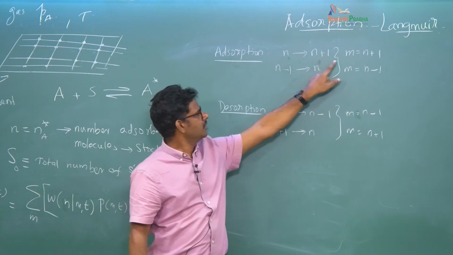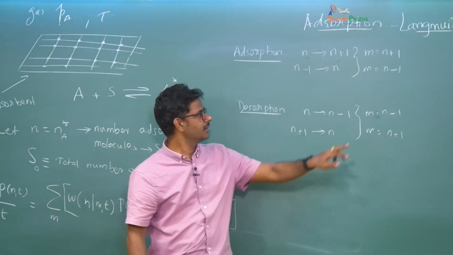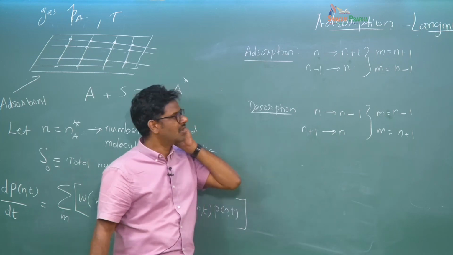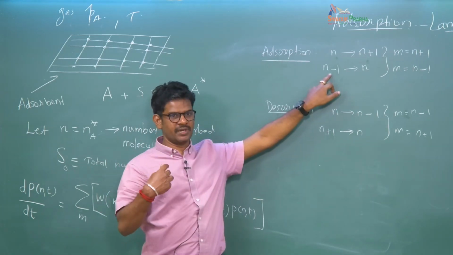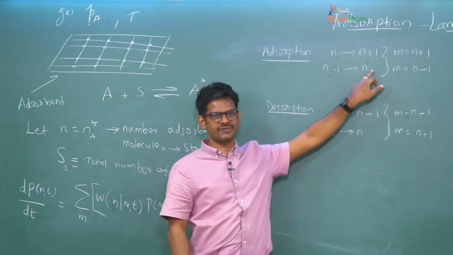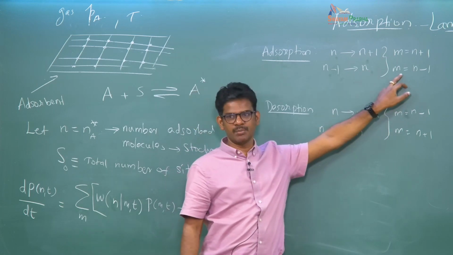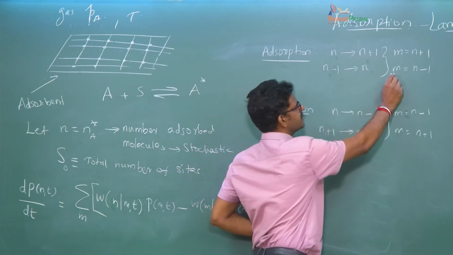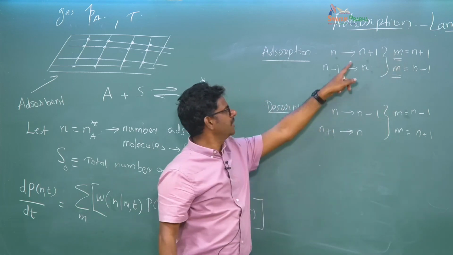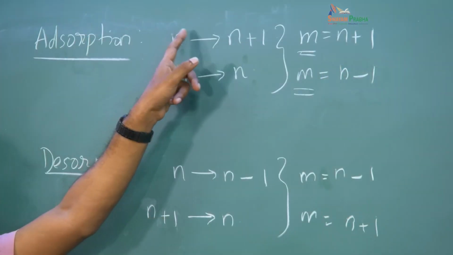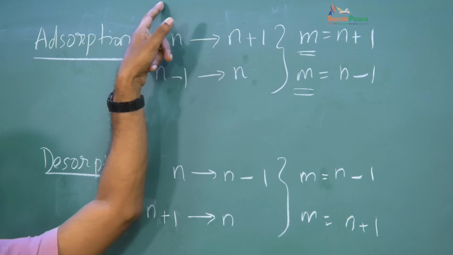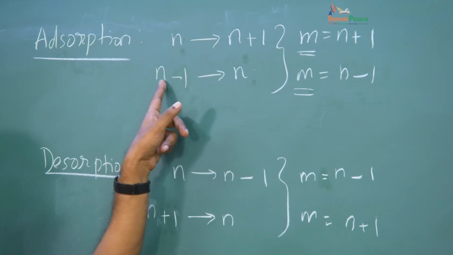So here in this context, m is n plus 1. Or if the state is at m minus 1, one adsorption can lead to creation of state n. So here m is n minus 1. So m basically means which states lead to state n. Here a state of n plus 1 leads to n, and here another state, n minus 1, is leading to state n.